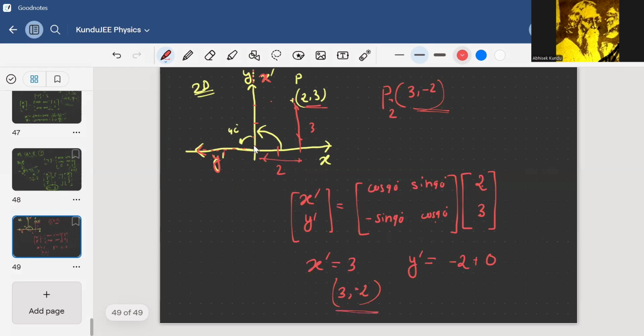So from the geometry also you'll be able to find out, but if a different angle value is given, then this is the best way to find out what is going to be the coordinate of the same point. So I hope it is clear. And let me tell you that this is a very core basic of robotics, because in order to reach one particular point you have to give the direction via programming to the robotic arm.